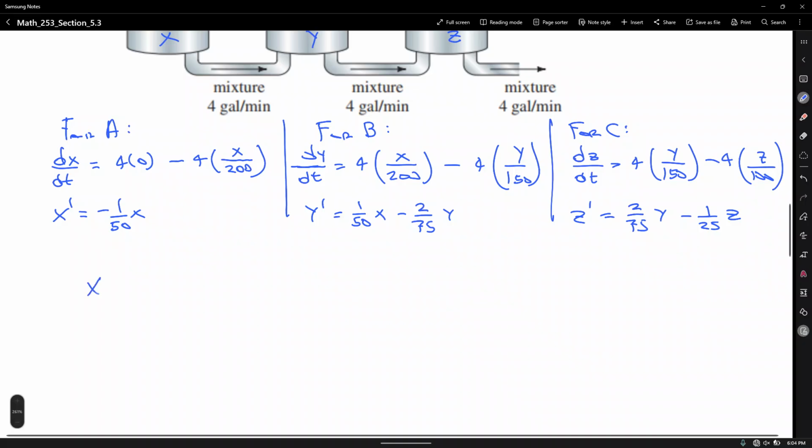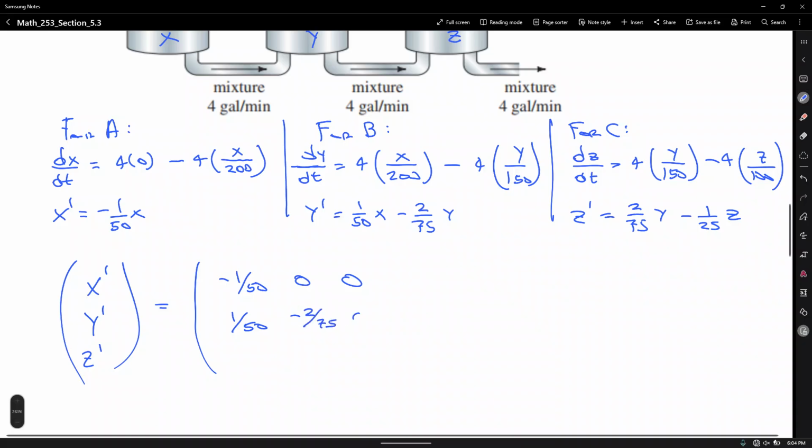That is x prime, y prime, z prime equals negative 1 over 50, 0, 0; 1 over 50, negative 2 over 75, 0; and then there is no x in the z equation, so that's 0, 2 over 75, negative 1 over 25, times x, y, and z. And that is the system of equations.